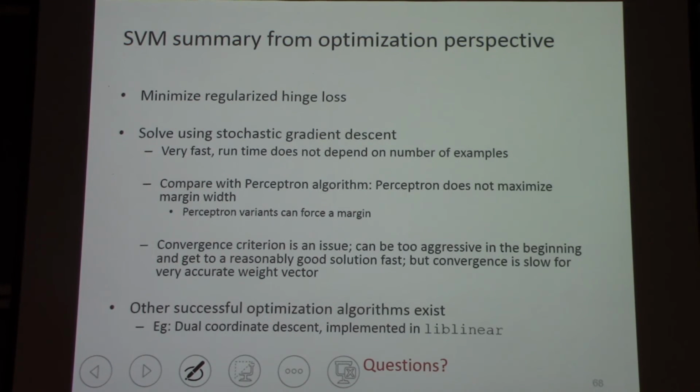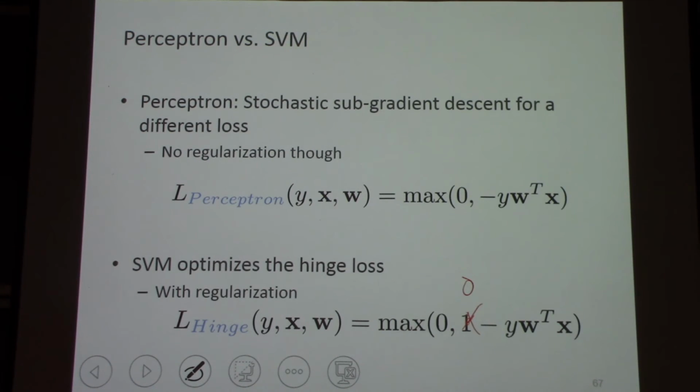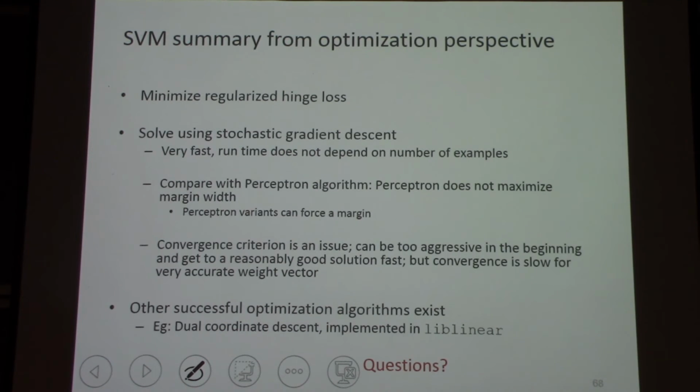You're asking for the margin to be this much. And this is very similar to the margin perceptron, in fact. The margin perceptron could be, instead of 0, some margin, and there's no regularizer. That's basically the margin perceptron algorithm. Try it out.